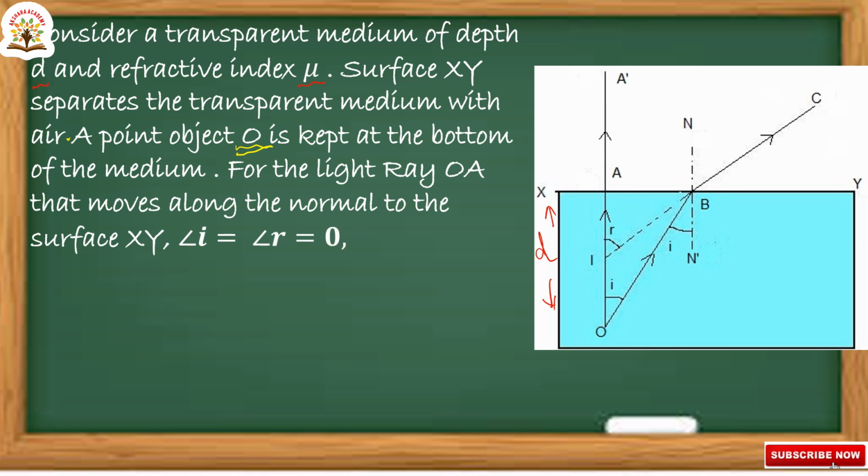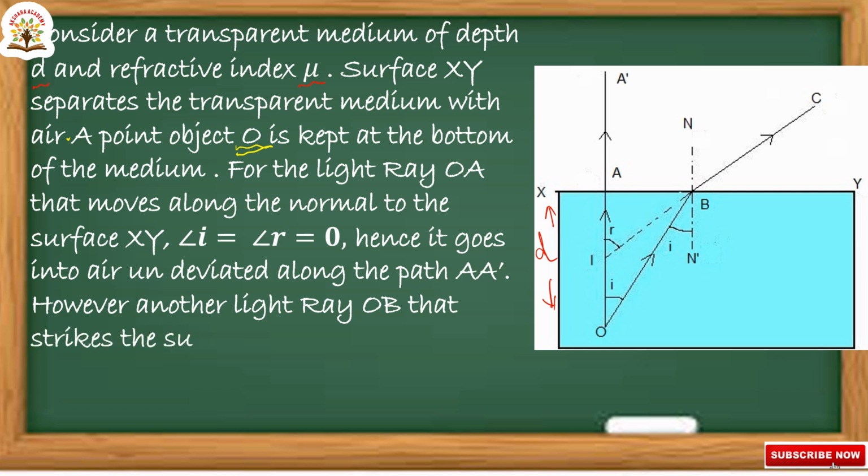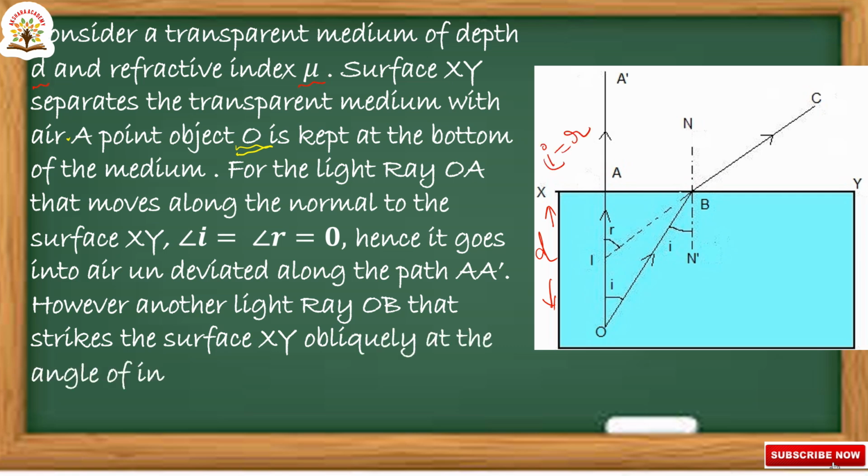For the light ray OA that moves along the normal, first the light ray is moving from O to A along the normal to the surface XY. Whenever the incident ray falls normally, then angle i equals angle r equals 0.